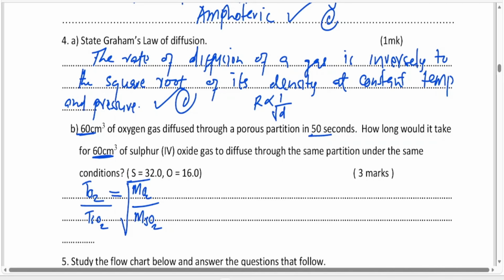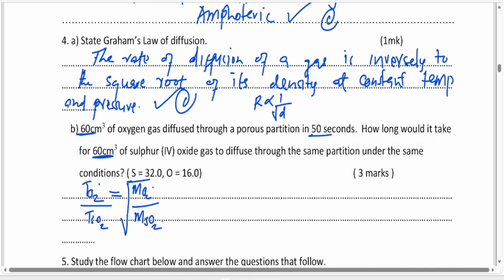Therefore, when you are relating time and molecular mass of each gas, they are placed on the same level. For instance, you can see time of oxygen and molecular mass of oxygen, all of them at the top. Then time of sulfur oxide and molecular mass of sulfur oxide, they are directly facing each other. Therefore, we just do the normal substitution.